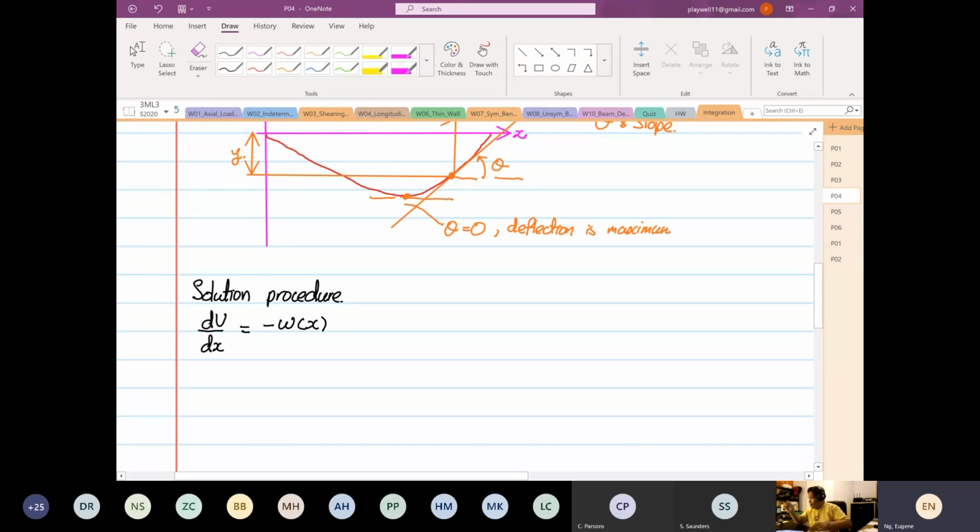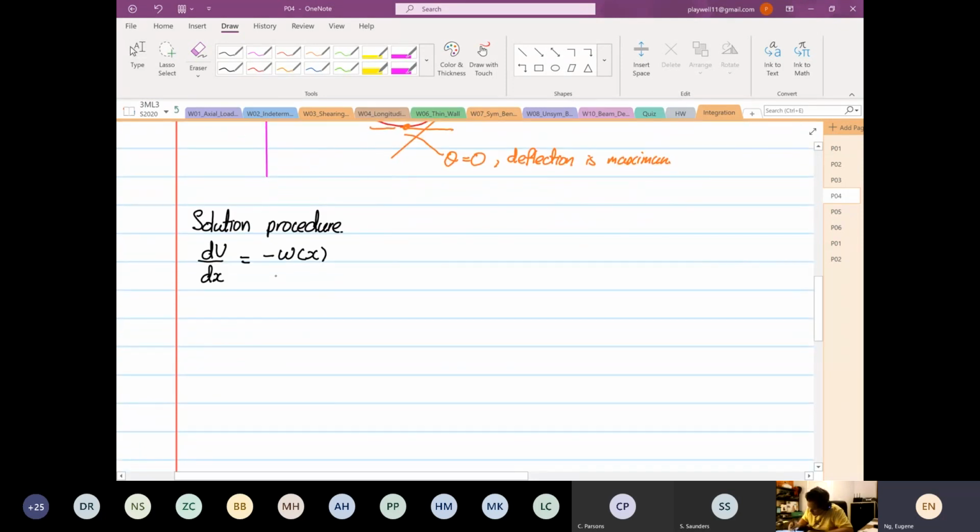Then we integrate once. We have V as a function of x is equal to minus the integral of omega dx plus c1. Then after that, we integrate again.